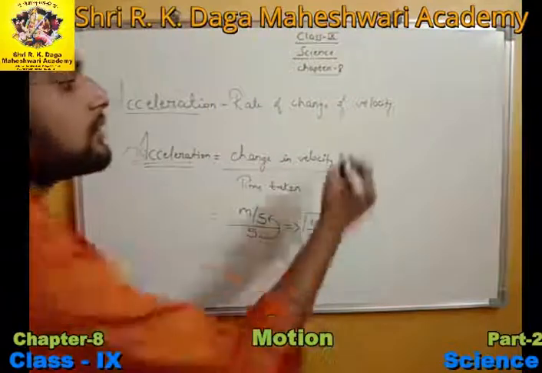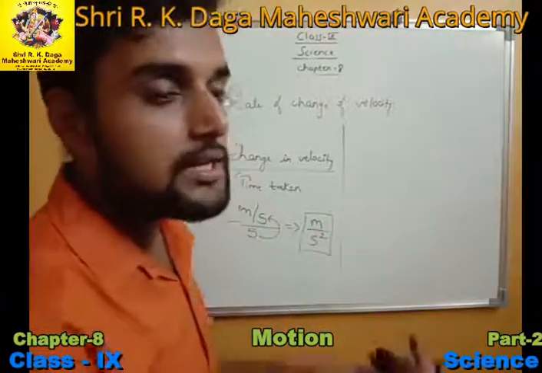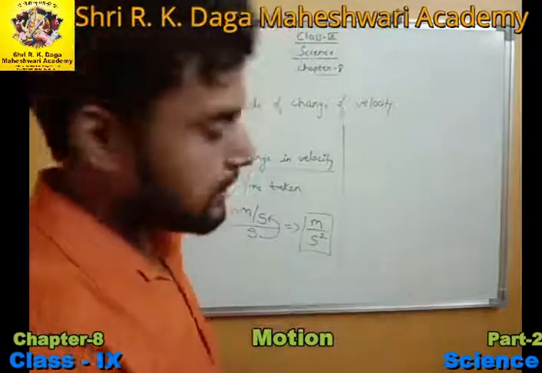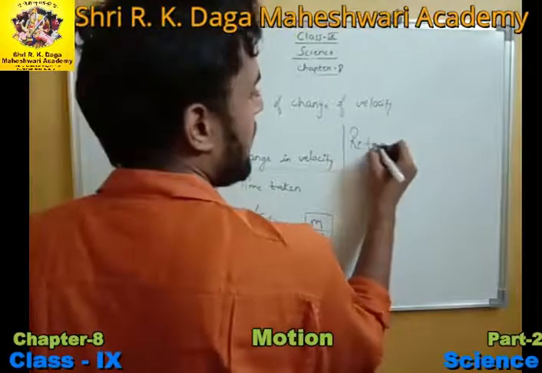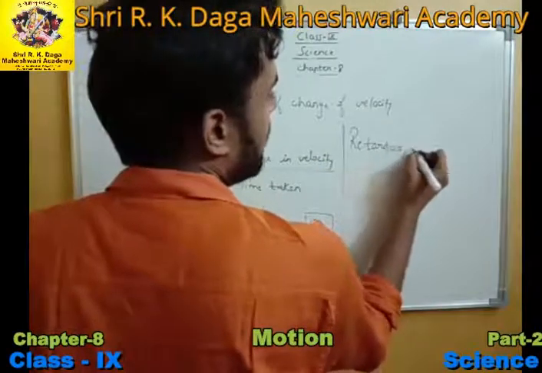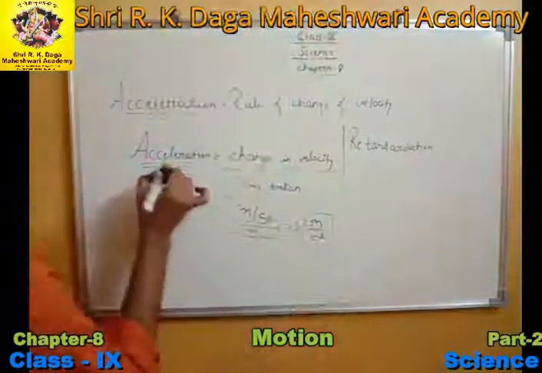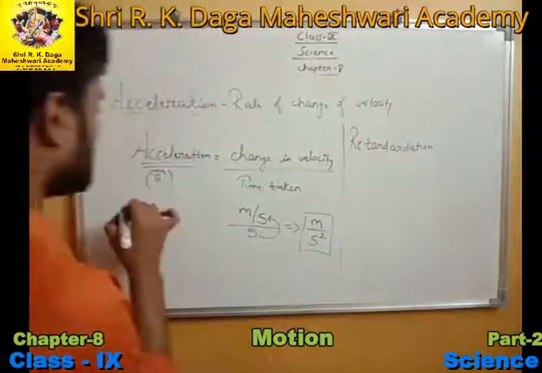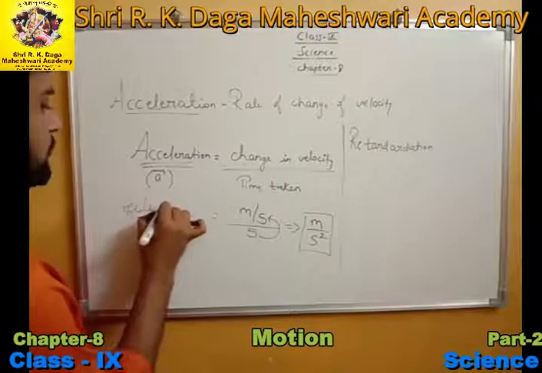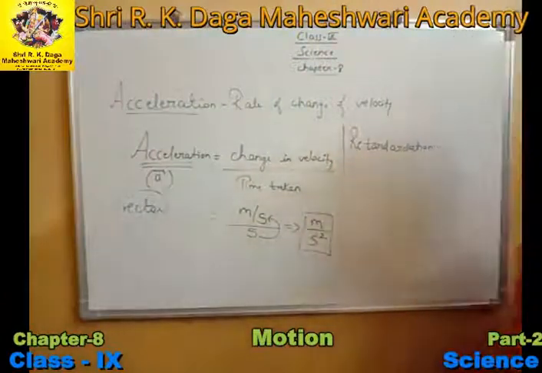So when the speed of a moving object suddenly decreases on applying the brakes or due to some other reasons, the phenomenon is called retardation. One thing: acceleration is denoted by a. It is a vector quantity. We have to take care of direction, as we do with displacement.